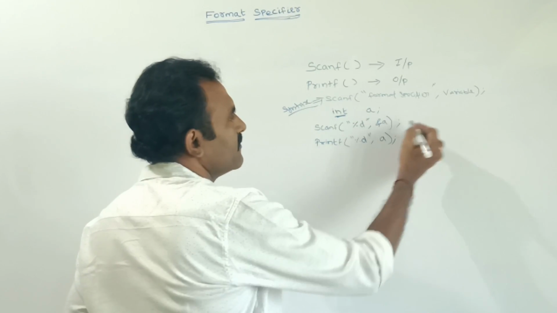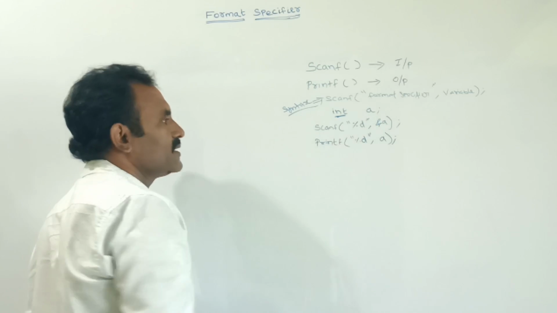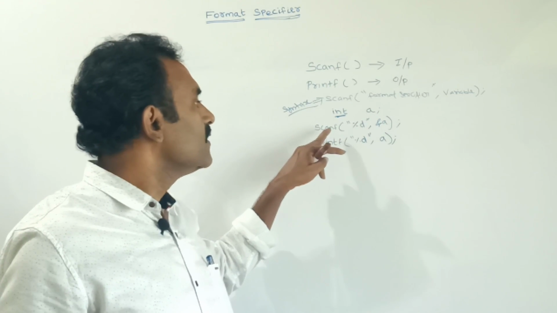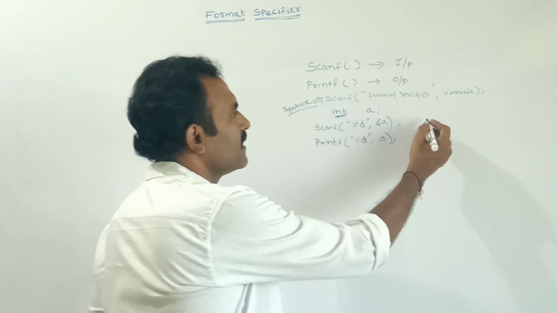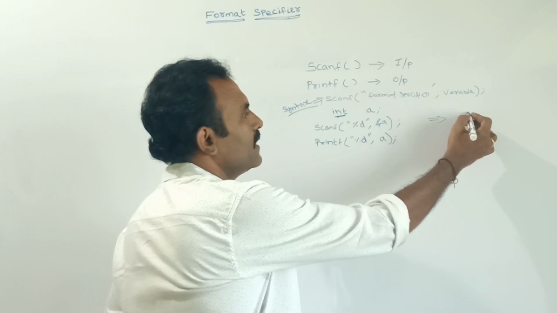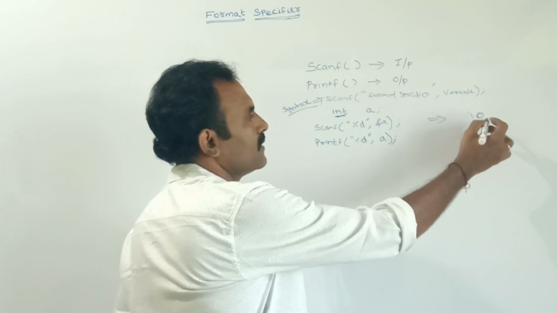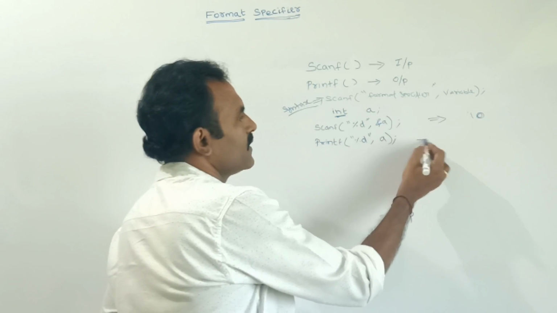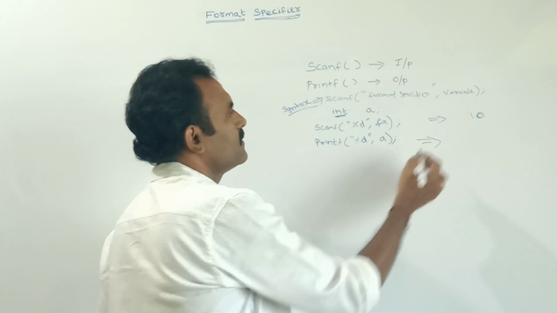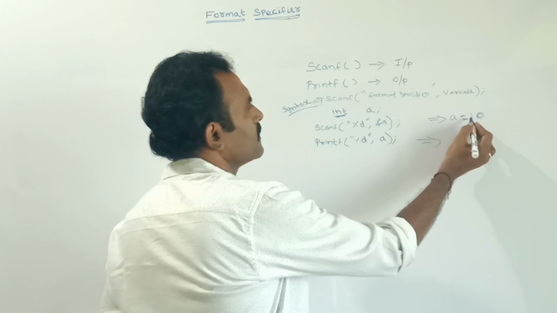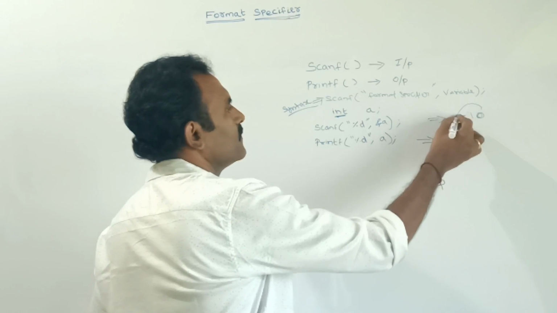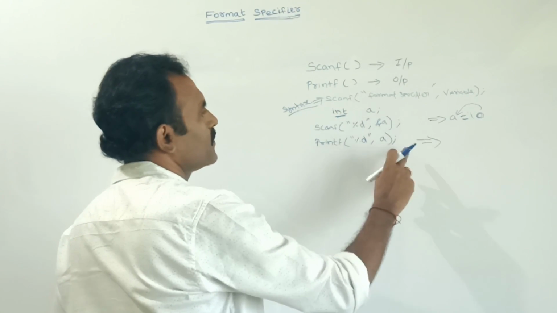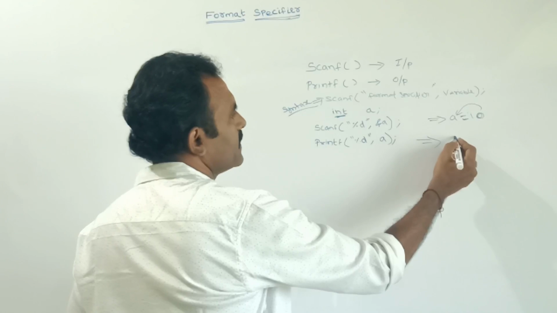When we are running this program, suppose you are giving this statement in a program, while running the program it will ask for the input. Suppose you give the value 10 from the keyboard, the 10 will be stored in a. So now I am telling it to print the value of a, which holds the value 10. Here a will be printed.